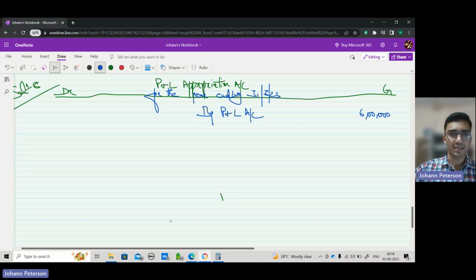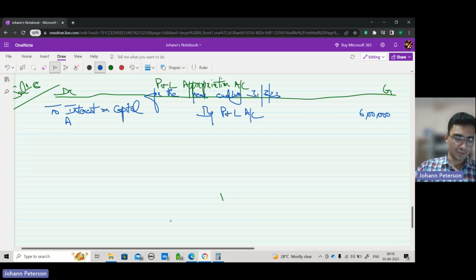Now, interest on capital is the next item. So how much is the interest on capital? Each partner is entitled to 10% interest on capital. Partners' names are A and B. So A is going to get on 4 lakh 10%.